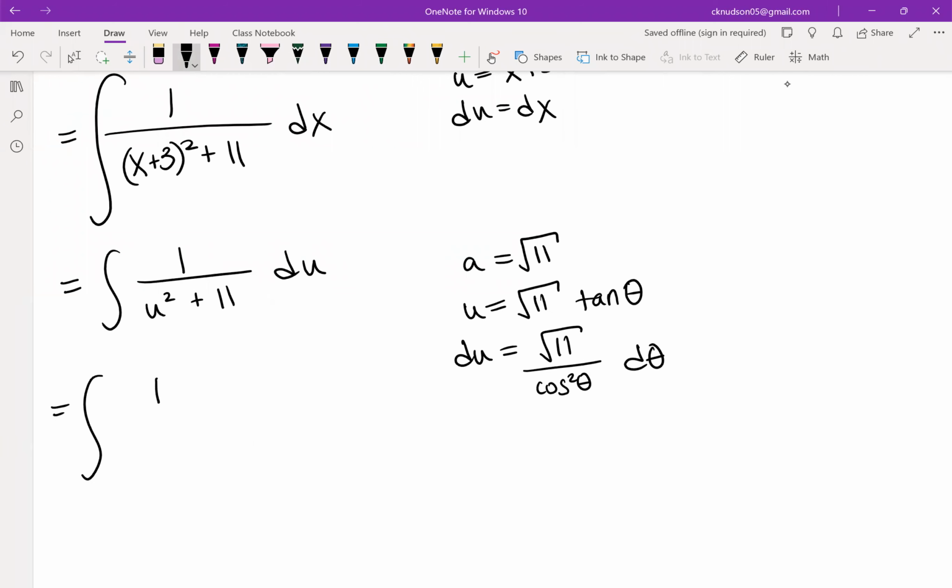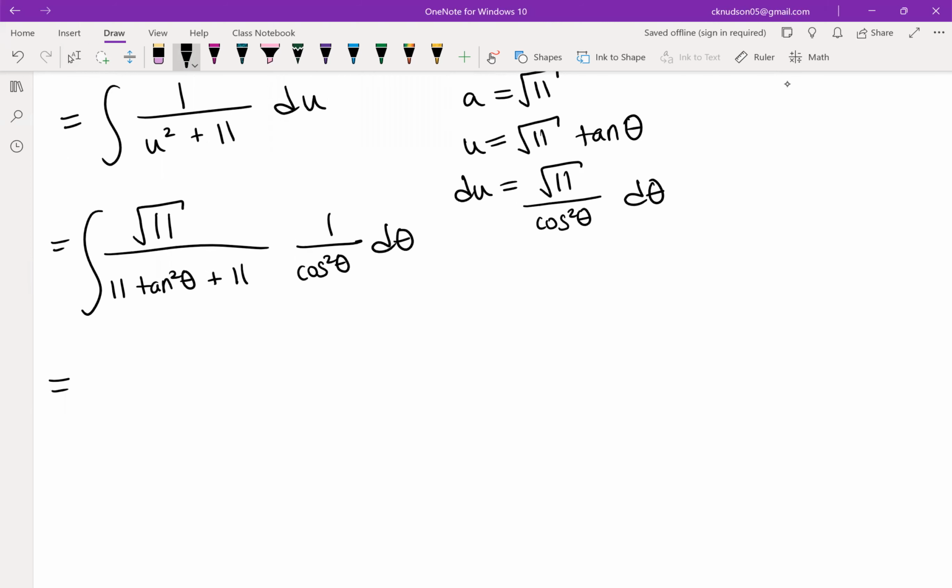Okay, let's go ahead and make all of these substitutions. So we see a u, we're going to sub in square root of 11 tan theta. So we've got 11 tan squared of theta plus 11. And then instead of du, we write square root of 11, 1 over cosine squared of theta d theta.